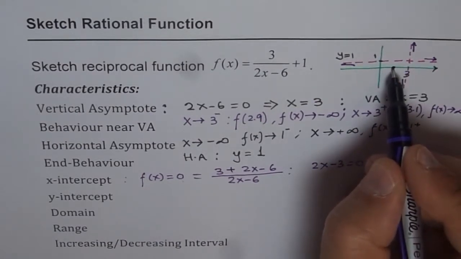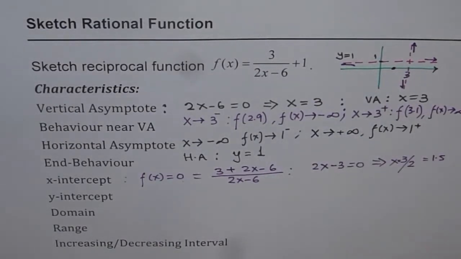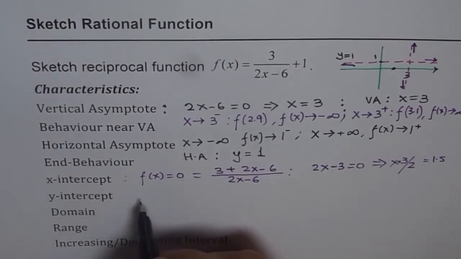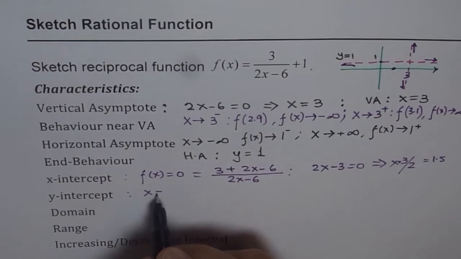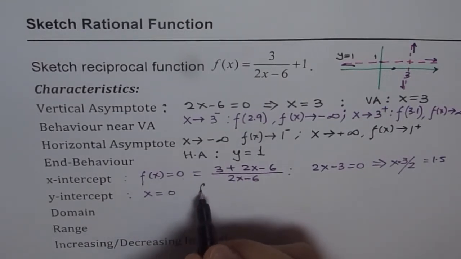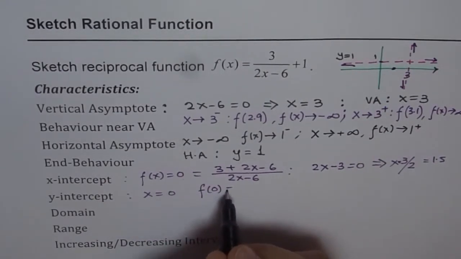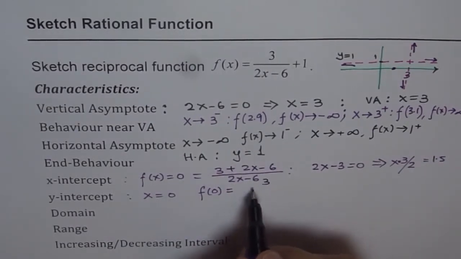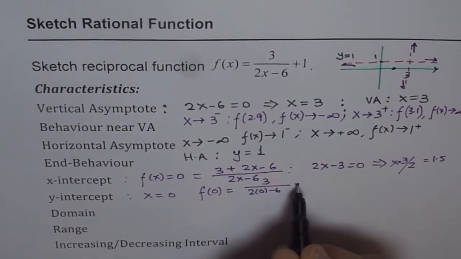So 1.5 is kind of the middle of 0 and 3. So let's say this is our x-intercept. Now let's find the y-intercept. The y-intercept is when x equals 0. We are trying to find the value of the function at 0, right? So if I place 0 in the function, what do I get? I get 3 divided by 2 times 0 minus 6, plus 1.